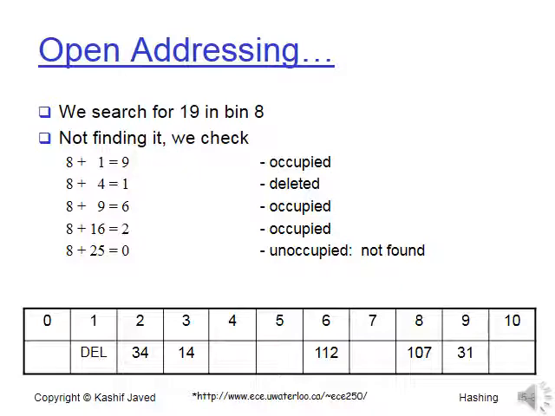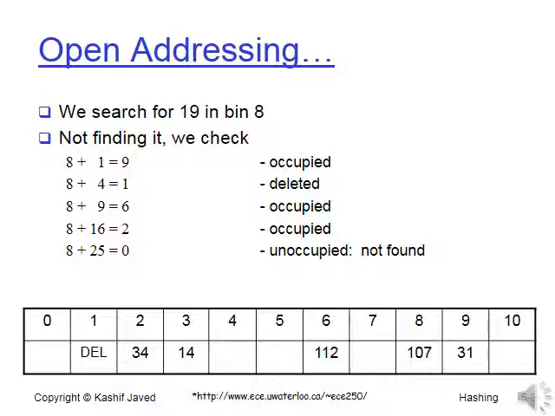For number 19, the hash value computed for the quadratic function when variable I equals 0 is 8. We find bin 8 in the hash table marked occupied, and the number the bin contains is 107.